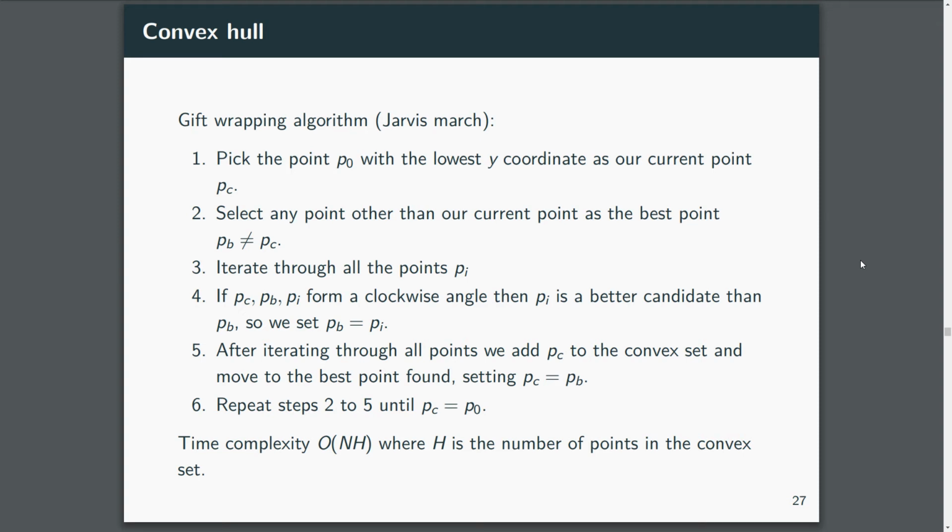Now, the time complexity of this is O of n times h, where h is the number of points in the convex set. So this depends on the size of our output. Algorithms like this are called output-sensitive algorithms. So their time complexity scales with the size of the output, as well as the input.